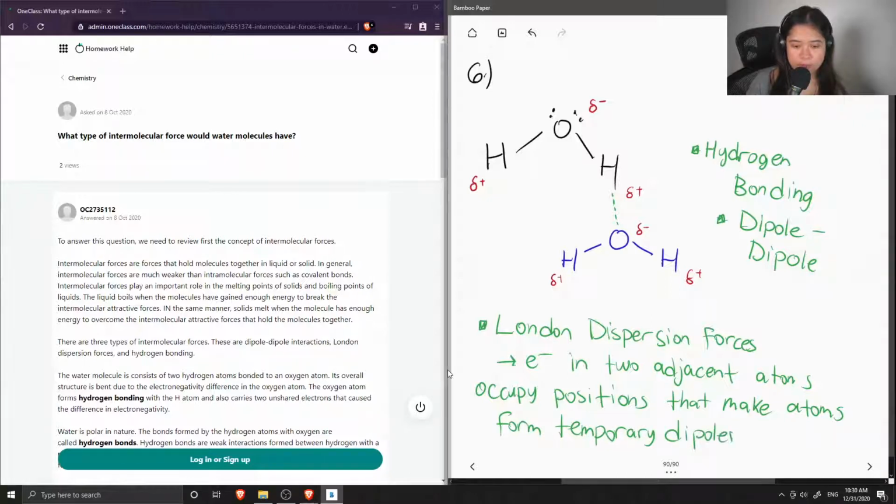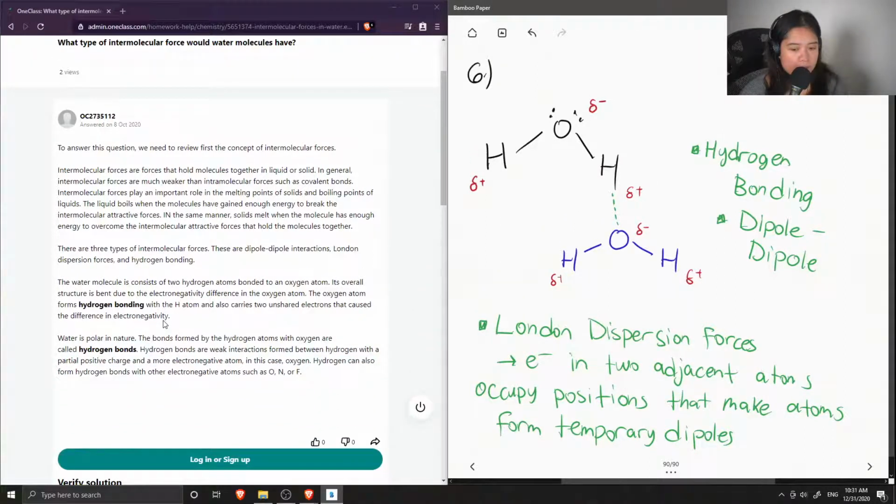So these are very weak, but they're pretty common amongst almost every molecule. Okay, so 3 types of intermolecular forces would be hydrogen bonding, dipole-dipole interactions, and London dispersion forces.